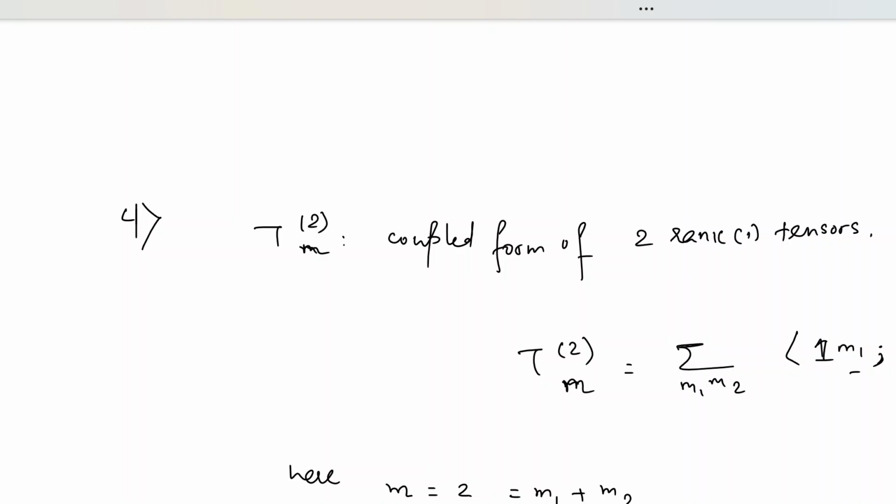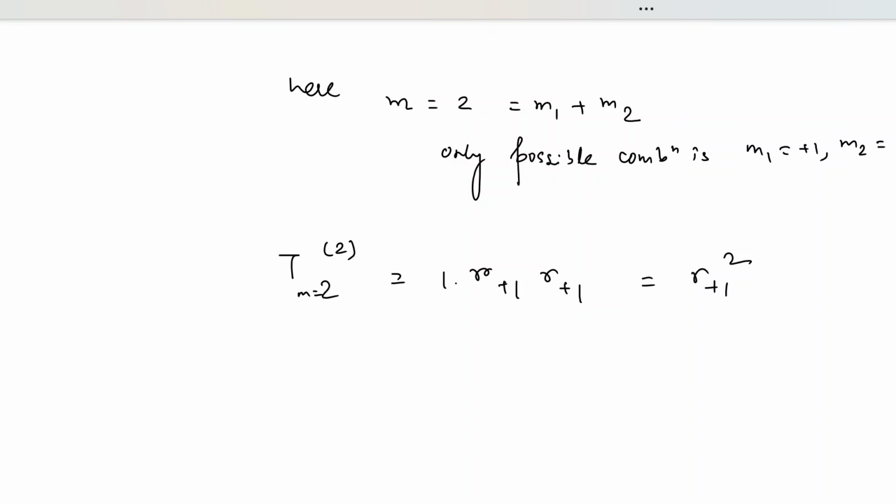And then this is RM1 and RM2, so this is 1 times R plus 1 and R plus 1 again, so this is R plus 1 squared. R plus 1 squared is basically 1 by root 2 (x plus iy) whole square. So this has a form that can be represented as (x plus iy) by root 2.